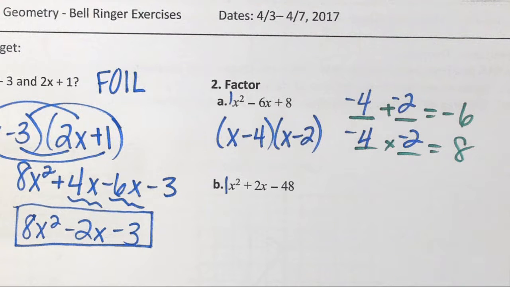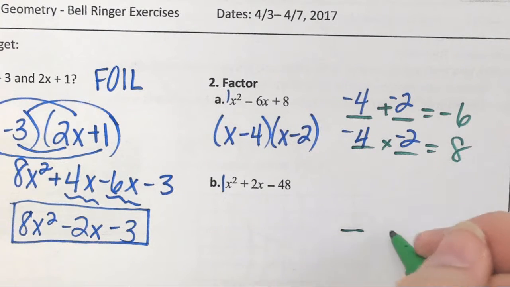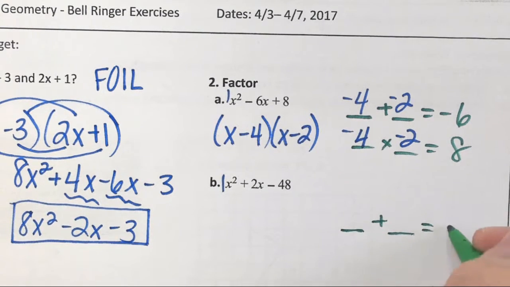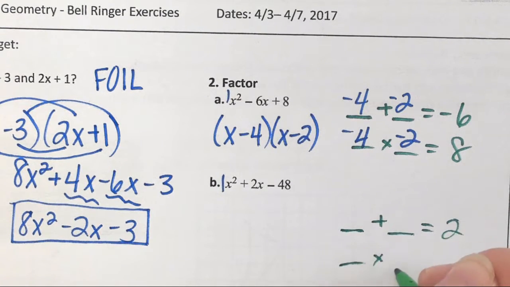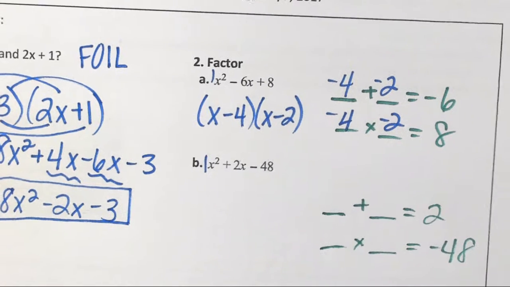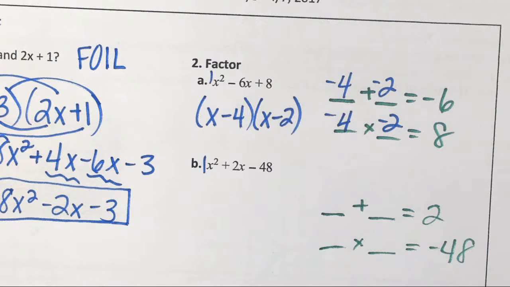Are there any questions about that one? Does someone already know the factors for the second example? 8 and negative 6. Whoa, she's on her factoring today. Okay, this one was a little harder, because with 8, you're either doing 1 times 8 or 2 times 4. That's all your options. 48 has a couple more things to think about.